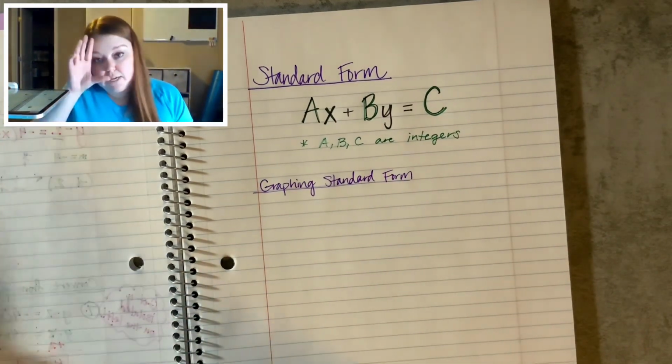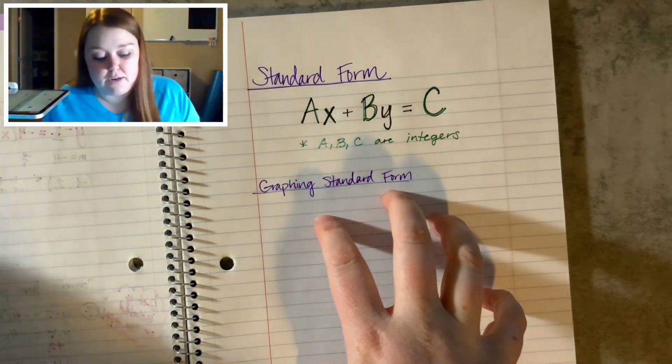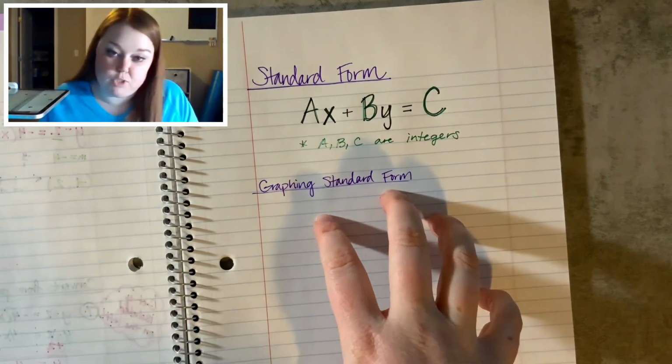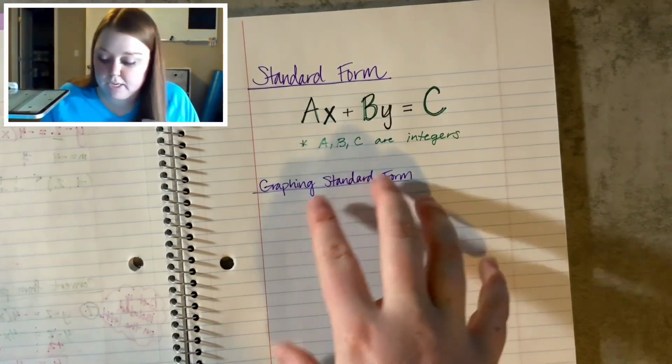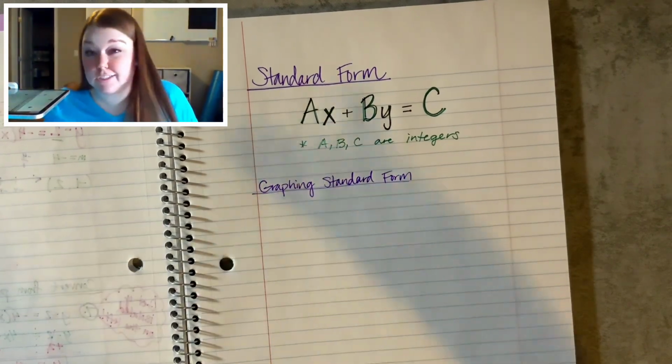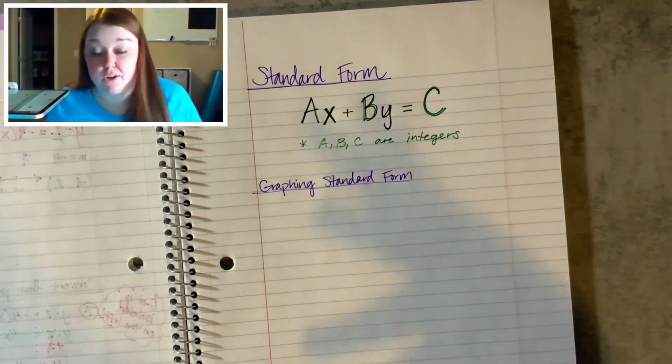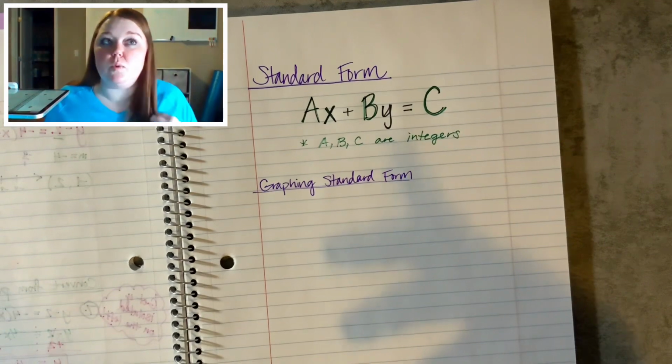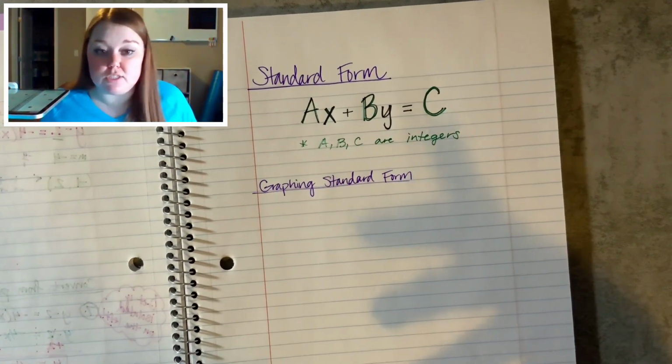One way, which I'm not going to write on paper right now, but we will do it, is you could rearrange this and convert it into slope intercept form, and then graph that line. And that's what I do most of the time, and you'll be doing that too.